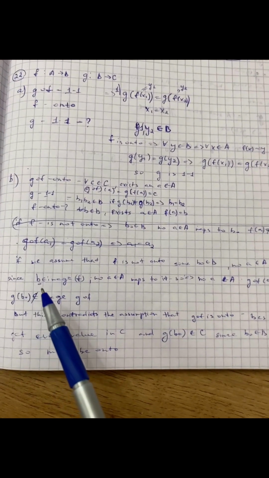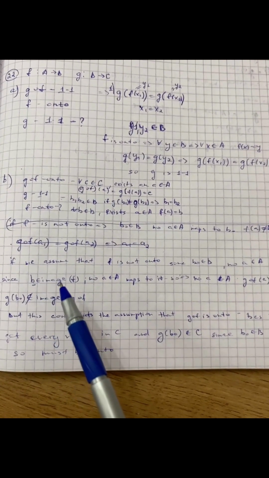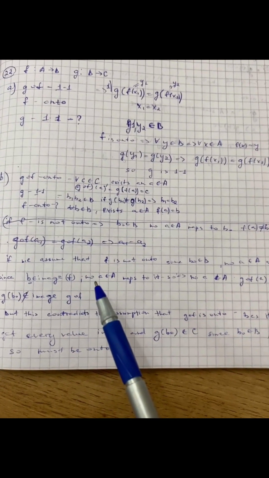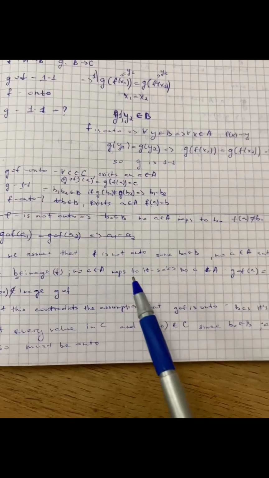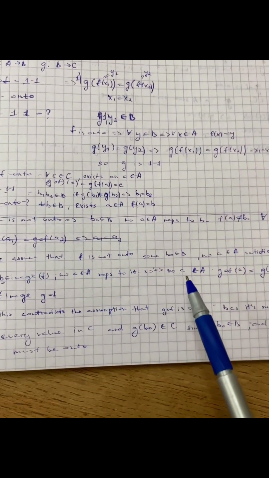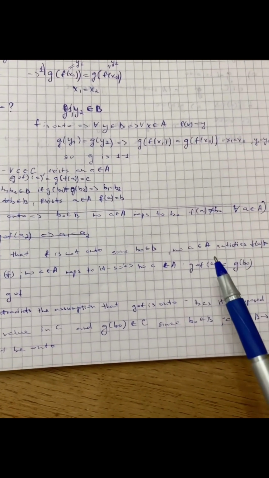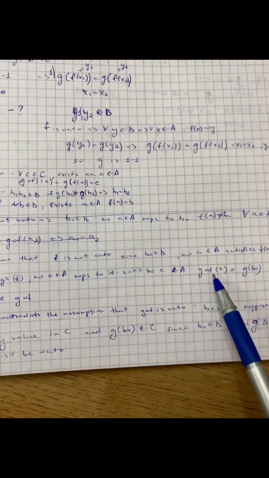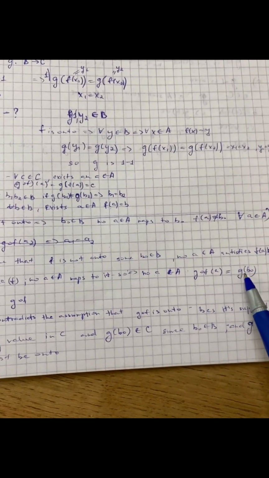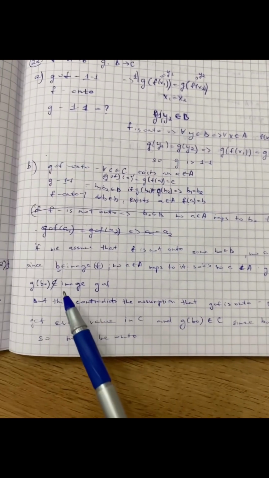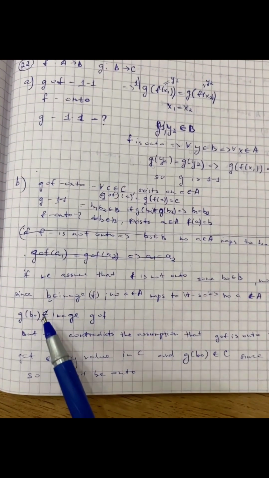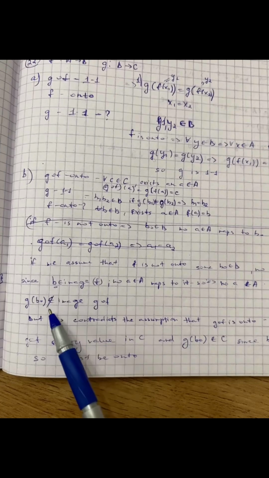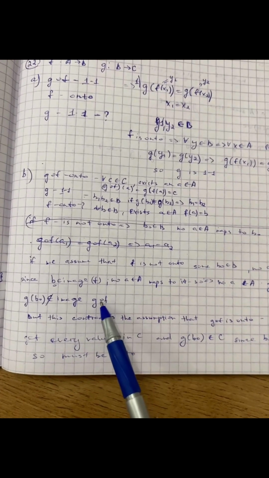So since b0 is not matched by f, there's no a in set A for which the composition g of f of a equals g of b0, and g of b0 doesn't have a preimage under this composition.